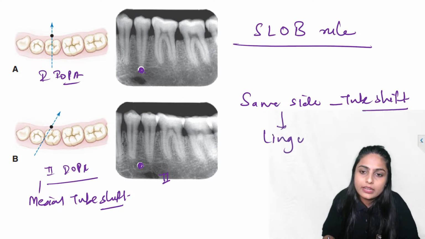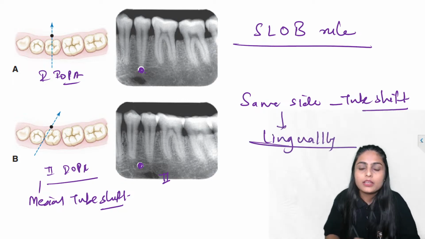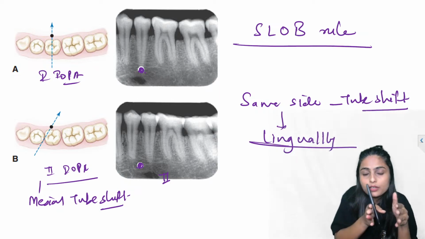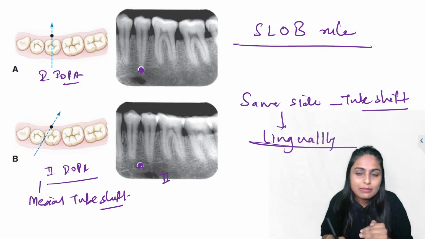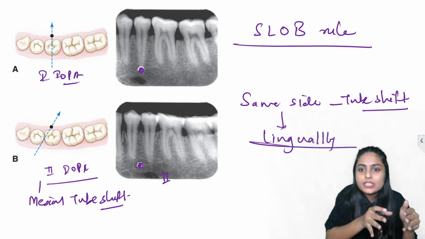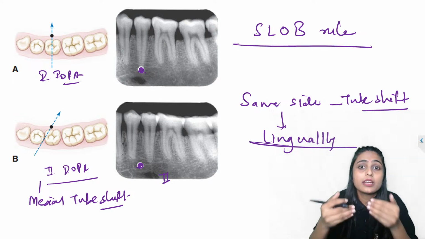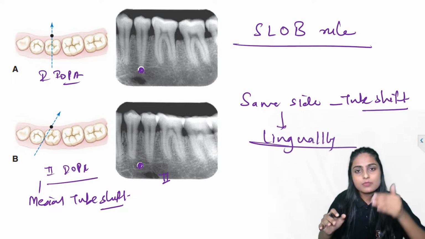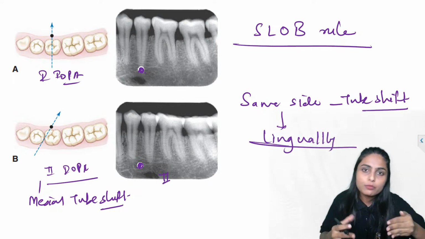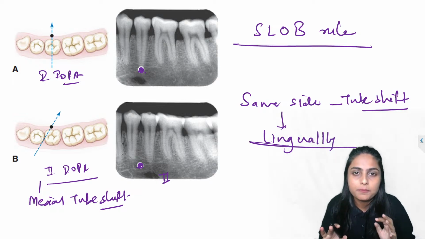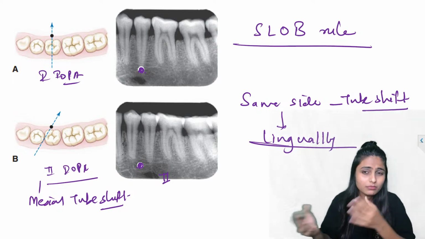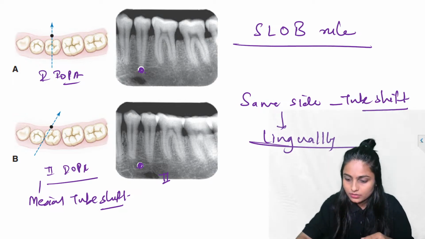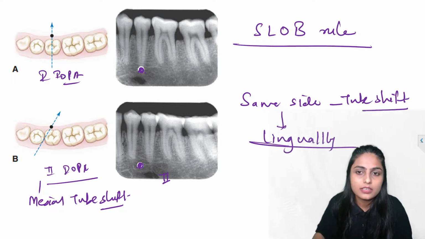If your object would have moved to the distal side, opposite to the tube shift, that means your object is located buccally. This is the simple rule. Just remember, if your object is moving to the same side as the tube shift, it is located lingually, and opposite for buccal. I hope this is clear.